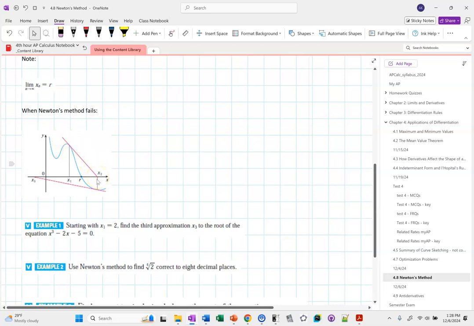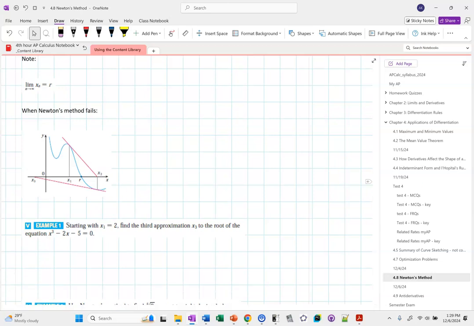Here's my intersection. That's my new input for my next approximation. I do it again. Look what's happening. It's going to be zigzagging all over the place and maybe not settling down to a specific value. So that initial condition can matter a lot.